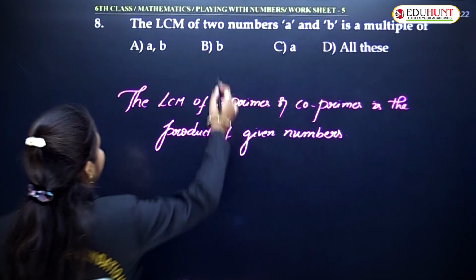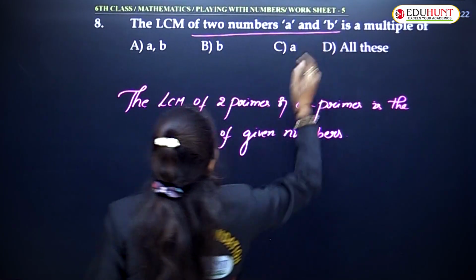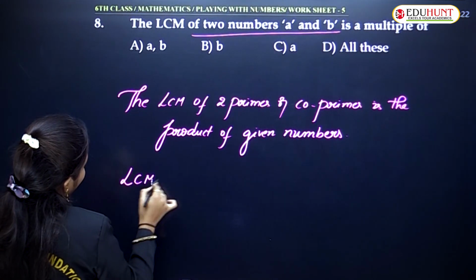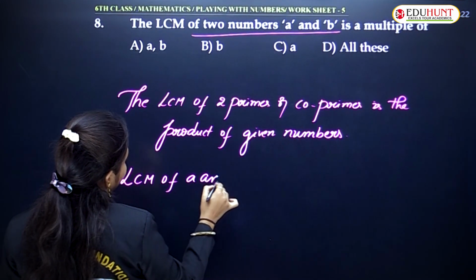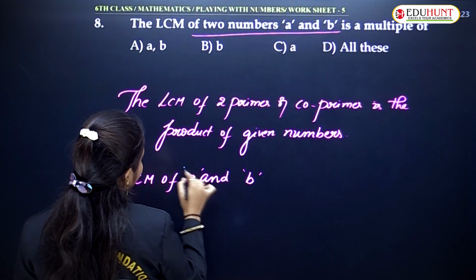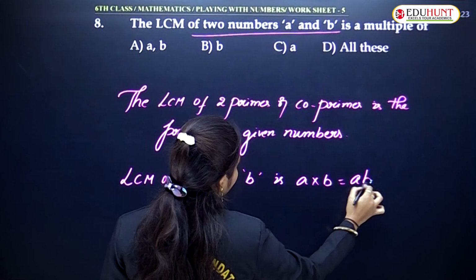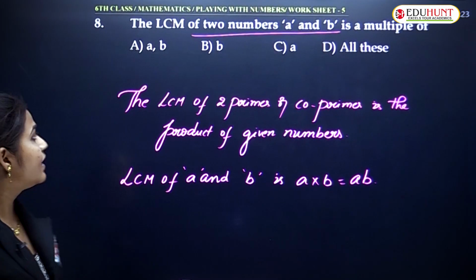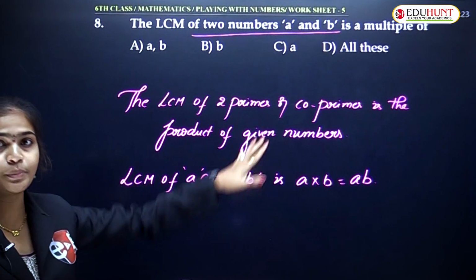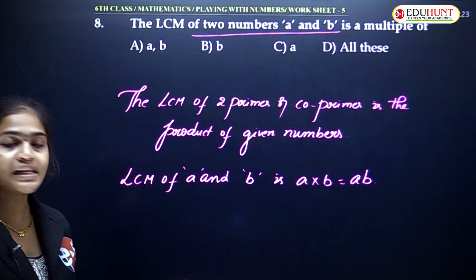Understand? So, as per that, here the LCM of two numbers A and B is A into B, which equals AB. Understand? Now here what they are asking is: is a multiple of.